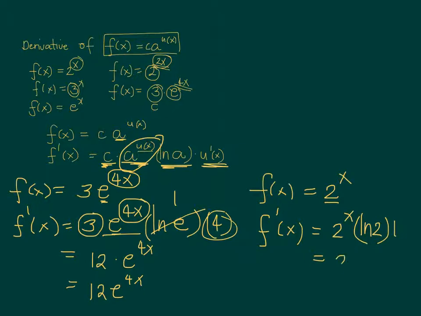Simplifying this, this is 2 to the x ln 2, and you can even write this as ln 2 times 2 to the x. So that's the derivative of it.